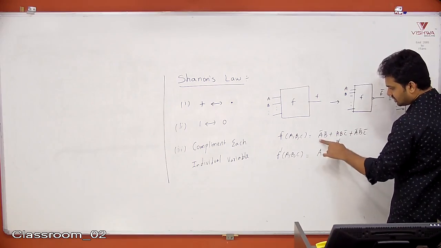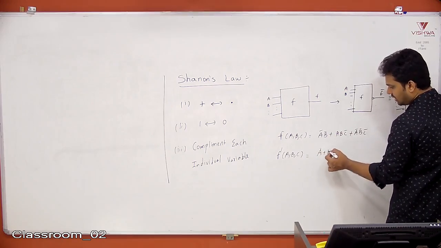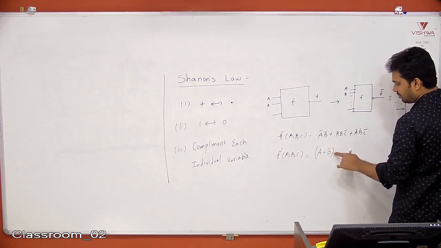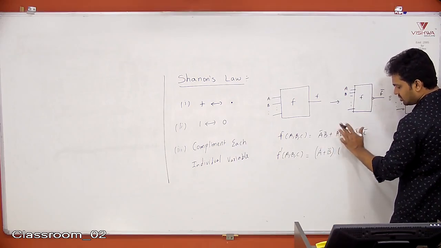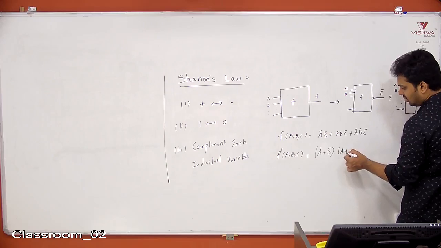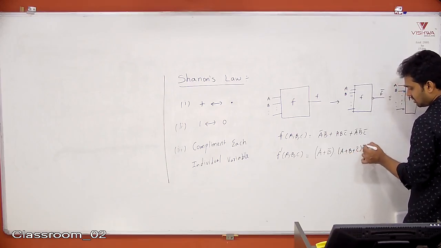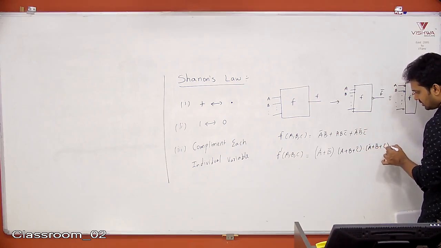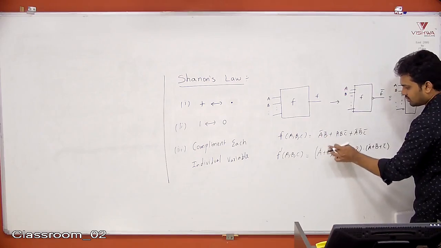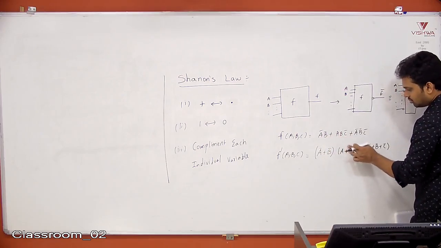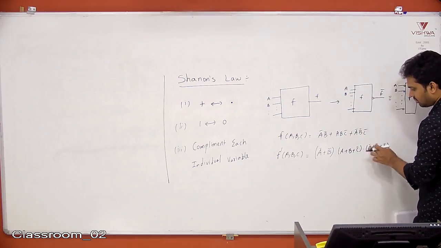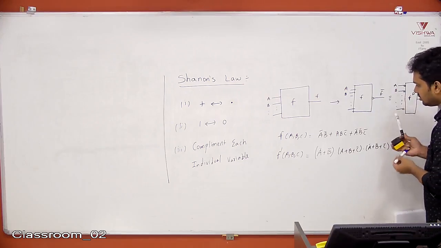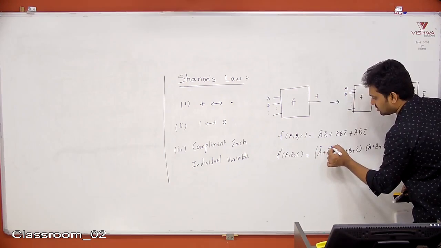What is the dual of the function? A bar plus B bar, in place of plus you take dot. Don't touch variables, take them as they are. A plus B plus C bar into A bar plus B bar plus C bar. Is it clear? A bar plus B bar into A plus B plus C bar into A bar plus B bar plus C bar. This is the dual of the function. Now take individual bars here.